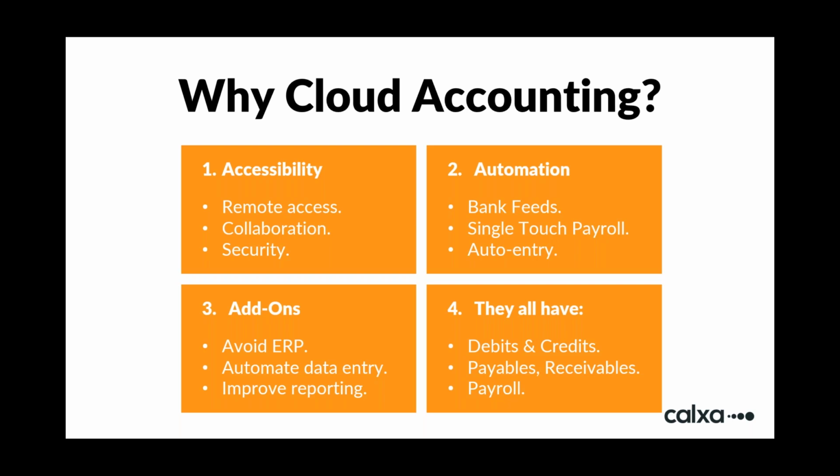But while I do that, just remember that the basics are there for all of them. They do debits and credits. You can pay your suppliers. You can receive money from your customers. They all do payroll in some way.